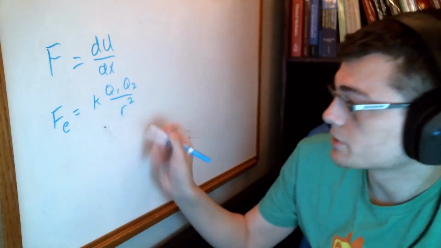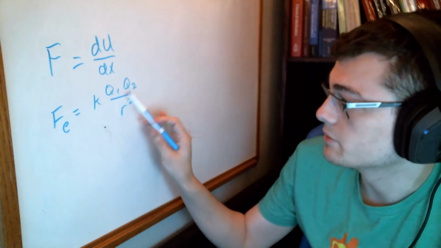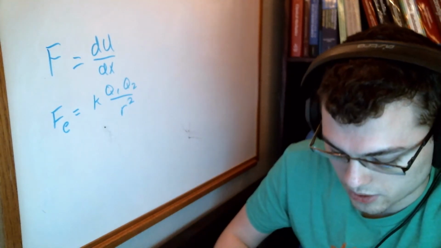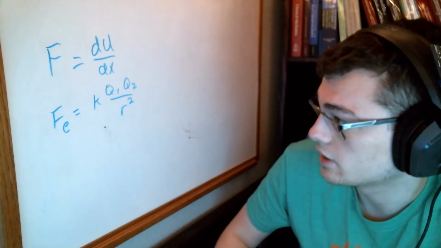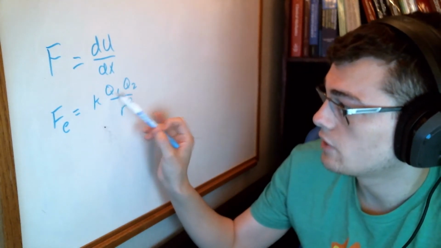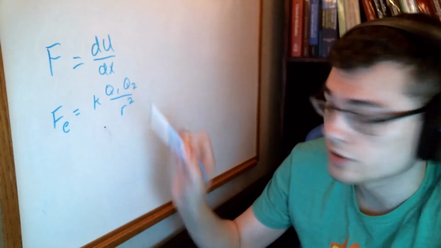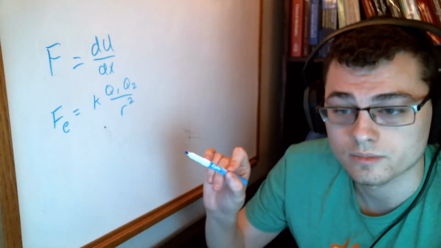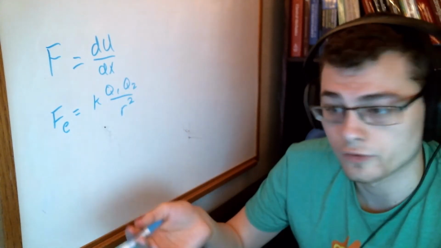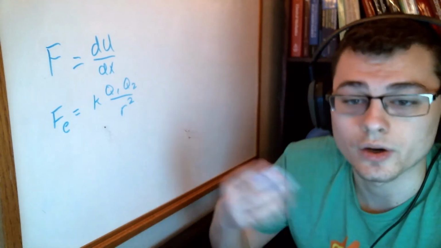And r is the distance between the two charges. I just wanted to clarify that if you have two charges with the same polarity, for example both positive charges, then they are going to repel each other.